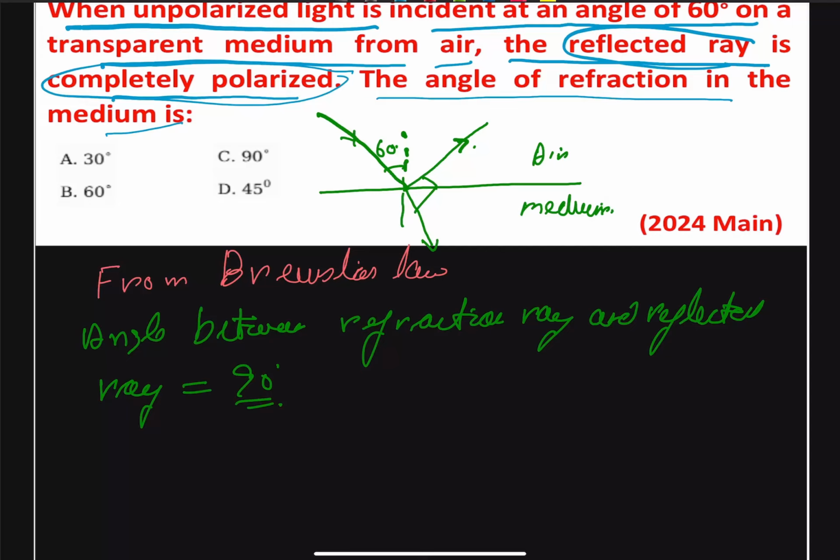We already know that the angle of incidence is our 60 degree. So therefore we can say that the angle of refraction will be equal to 30 degree.